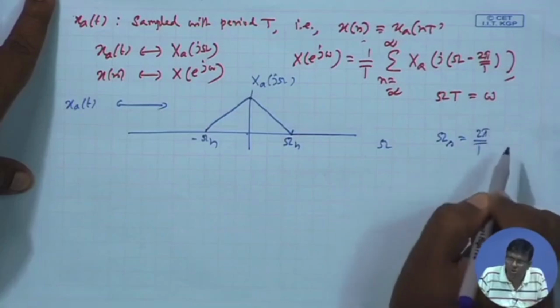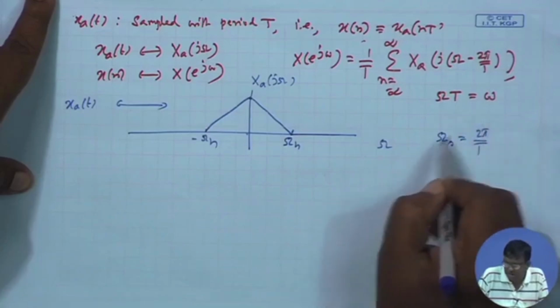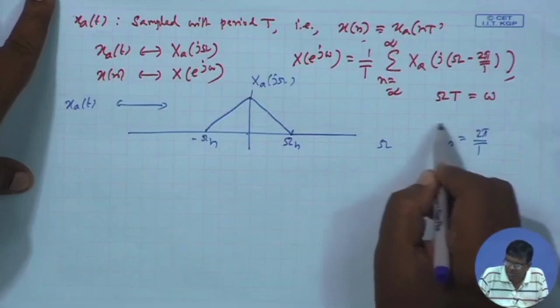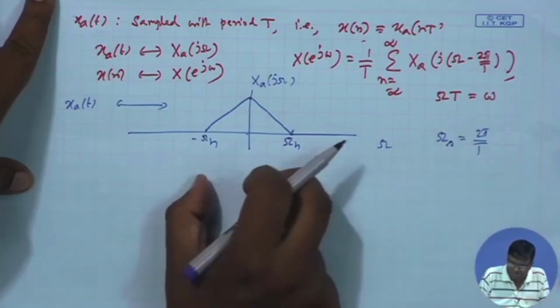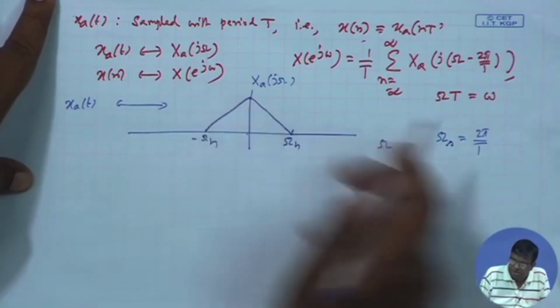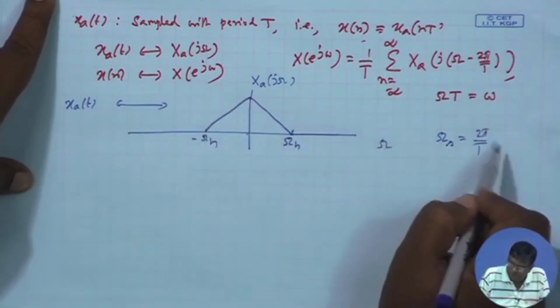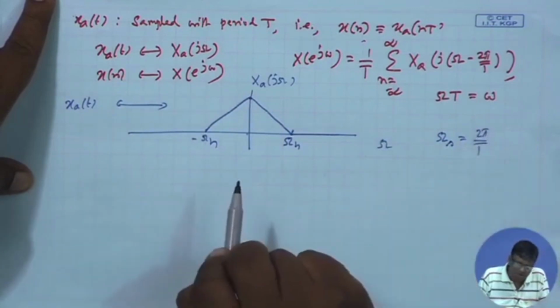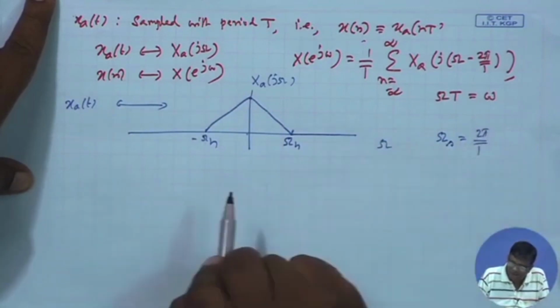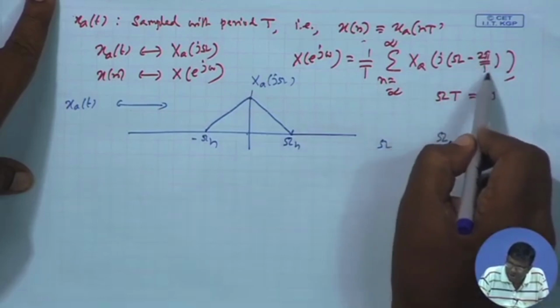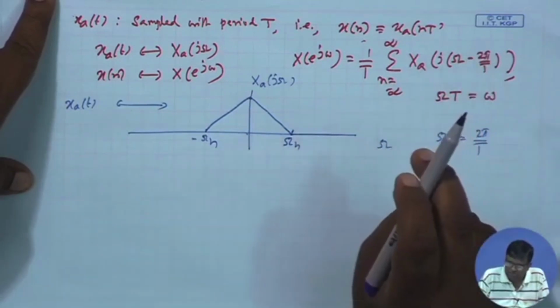Same thing which I was so long calling omega naught, I am just changing the name to omega s, where s is for sampling. So, this is sampling frequency, 2 pi by t radian per second, omega s. So, this 2 pi by t I will call omega s, nothing else.